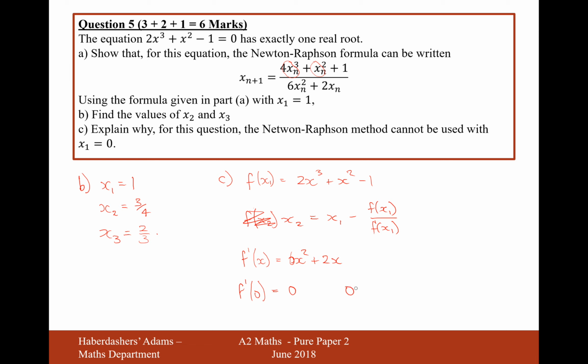So 0 will appear on the denominator of the Newton-Raphson formula. Okay, so there we are. That's the answer to part C, and that's the answer to question 5. So that's 6 marks for question 5. That's all we need to do there. Let's now move on to question 6.